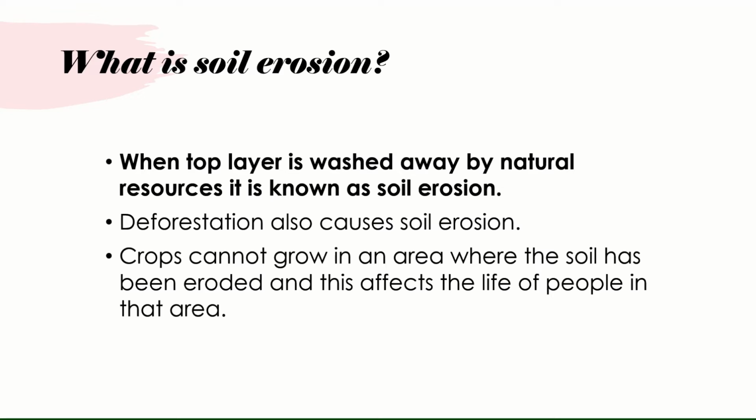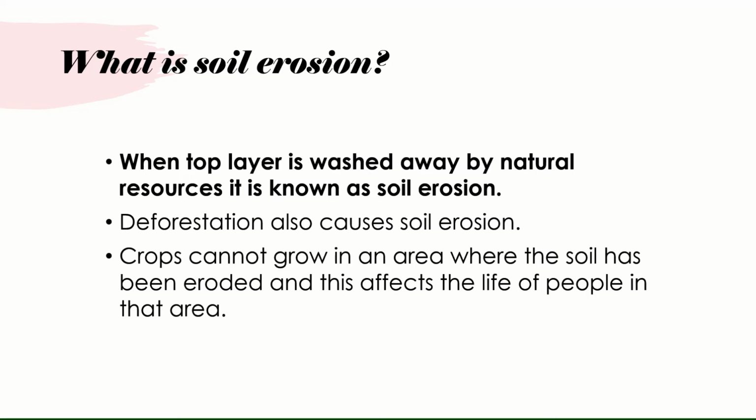You can say the topsoil is washed away or blown away by natural resources. Natural resources include wind, water, air, anything. So by the forces of nature, if the top layer of soil is washed away, that process is known as soil erosion.